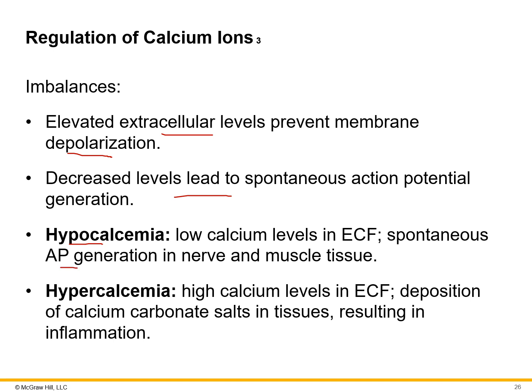That leads to spontaneous muscle spasms of our nerves and our muscles because of that low calcium. Then hypercalcemia, if we have too much calcium in there, it gets deposited as salts, as calcium carbonate salts in the tissue. That can trigger inflammation that then causes other problems.